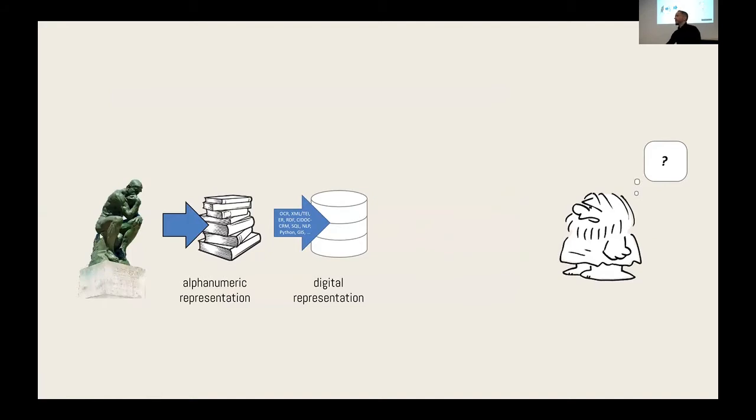At least I think that was the idea of using the figure of Buddha. Probably just an imaginary guy, but we can imagine this to be a historic figure. Historians usually do the alphanumeric representation. We have been doing the digital representation for, I don't know, 20, 30 years.